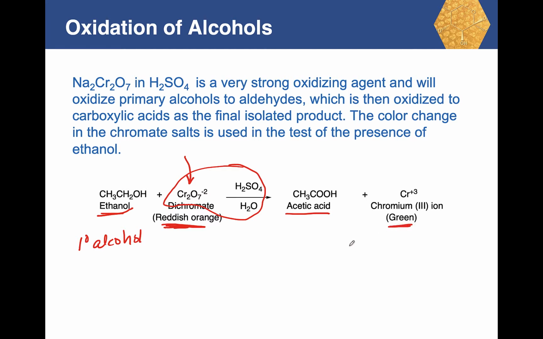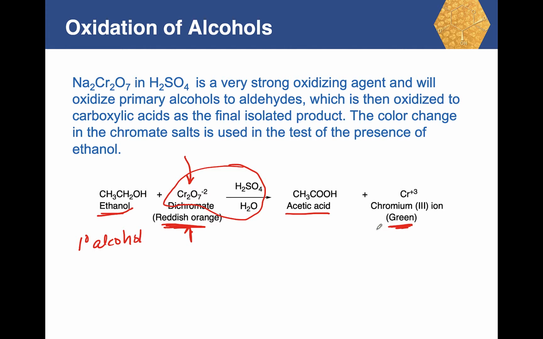So we know a reaction takes place because there's a color change from reddish orange for the oxidizing agent, and when the reaction is done, it turns green.